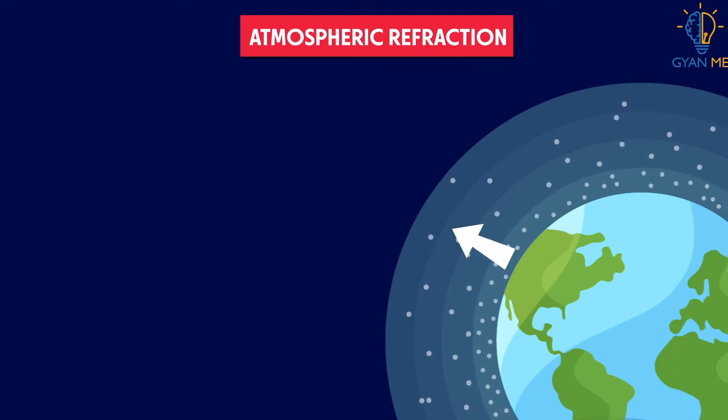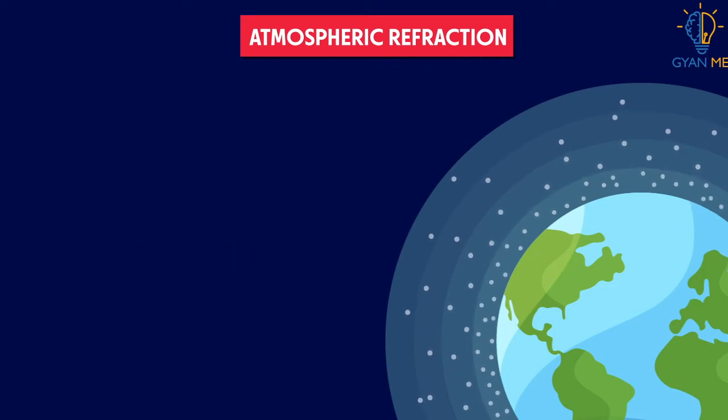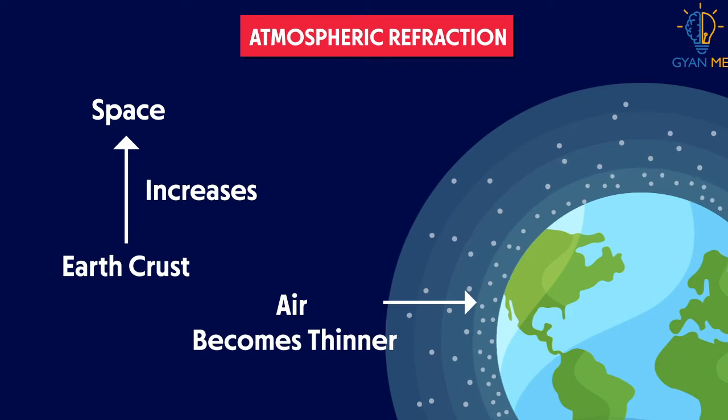That is, the air becomes thinner as the density decreases. Thus, as we move from the Earth's crust to space, the distance between the two atoms of air also increases. The air becomes thinner. As a result, the refractive index of air gradually changes.